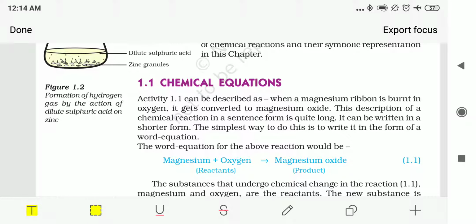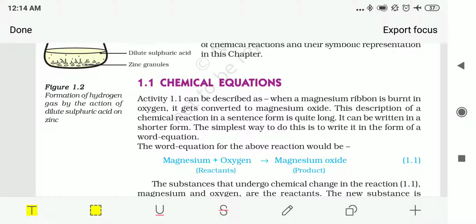What are chemical equations? The shorthand method of representing a chemical reaction in terms of symbols and formulas of the different reactants and products is called a chemical equation. We discussed chemical reactions. What were chemical reactions?